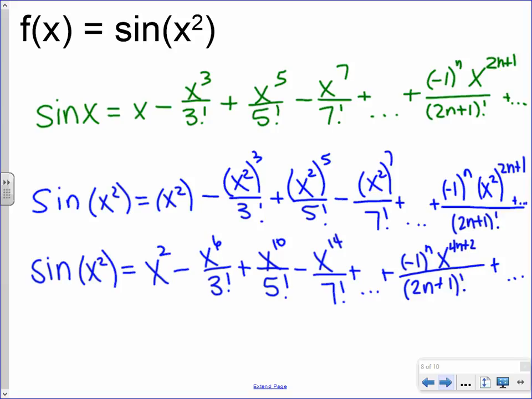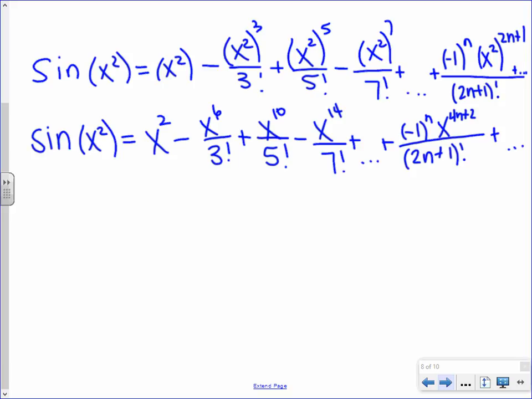I'll tell you what. It is either going to ask you to write it as a series or write the first 4 terms and the general term, which is what this is. So for right now, I'm just going to leave it like this. If we wanted to write it as a summation, then we could write it like this.